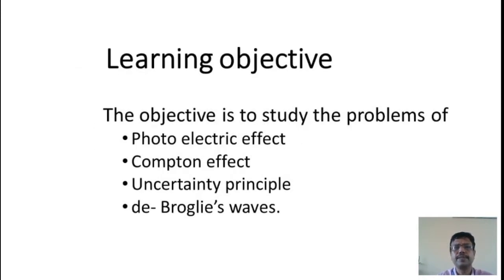Next, learning objective. The objective is to study the problems of photoelectric effect, Compton effect, uncertainty principle, as well as de Broglie's matter waves. That means if you know these theories, we want to think about some of the problems from the point of view of the problems related to this topic.